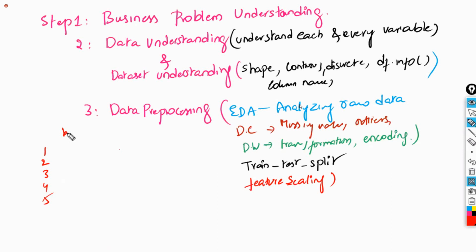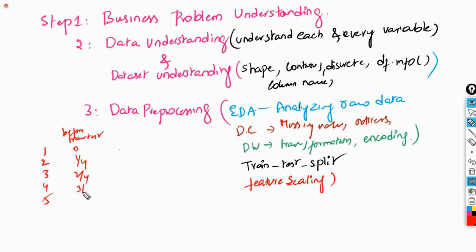Now, before the train-test split, if I do the min-max scaling, the first value is 1 minus 1 divided by 4, which is 0. Then 2 minus 1 is 1 by 4. 3 minus 1 is 2 divided by 4, that is 2 by 4.